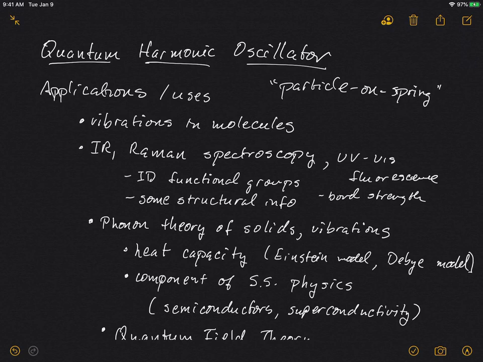There's the Einstein model, which strictly speaking isn't really a phonon model. But it's closely related, and it describes heat capacity of solids in terms of the vibrations of the atoms within it.